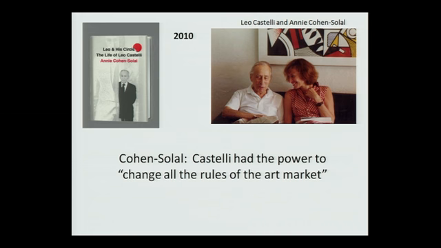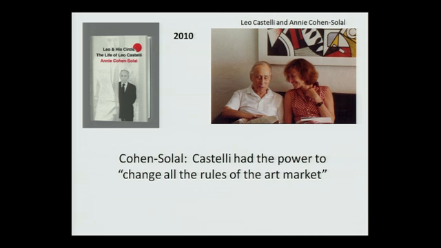He even had a hand in Annie Cohen-Solal's biography, which got a lot of attention. He directed her before his death on what to focus on. The result is the same throughout the Castelli literature. Castelli is depicted as having amazing gifts and power, able to change the rules of the art market, for example.